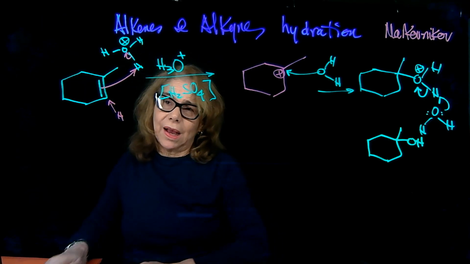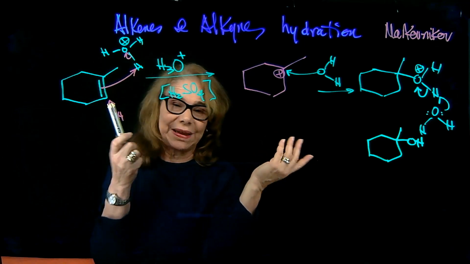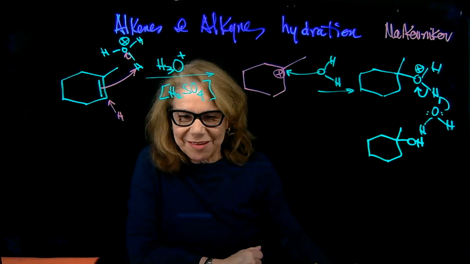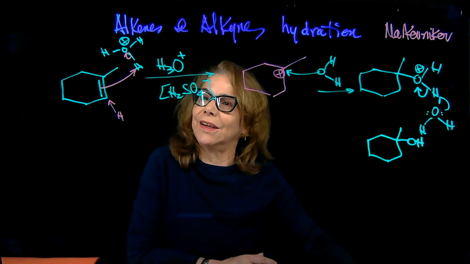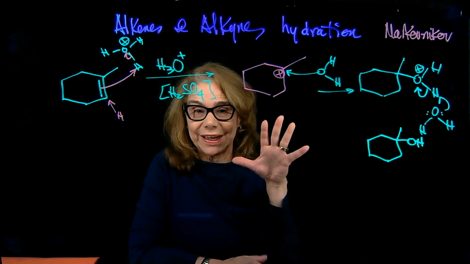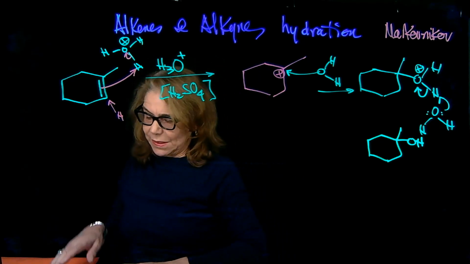What happens in the case of alkenes, when we have intermediates that are open carbocations, is that sometimes they can rearrange. The second condition that we will be studying here is using another reagent to prevent carbocation rearrangement when that's possible.